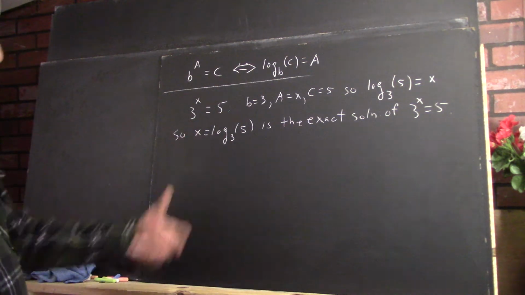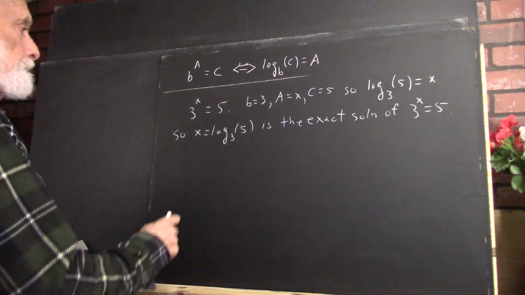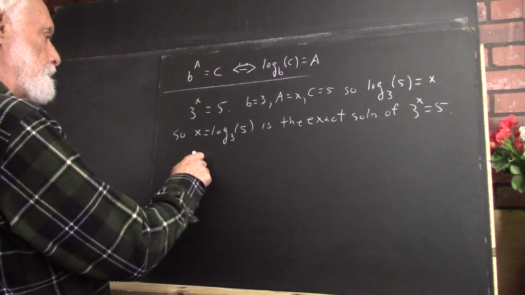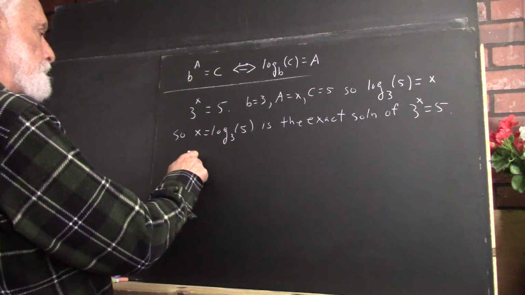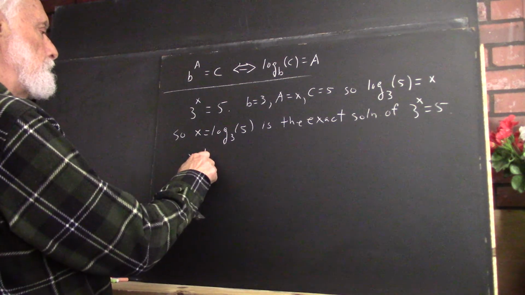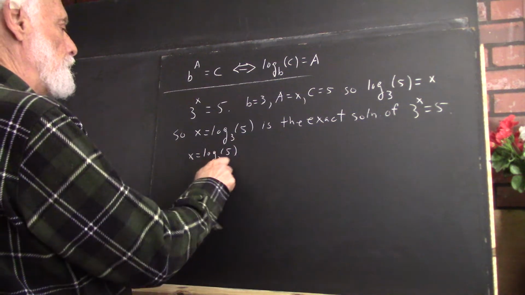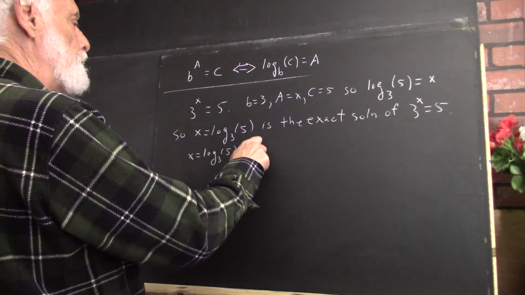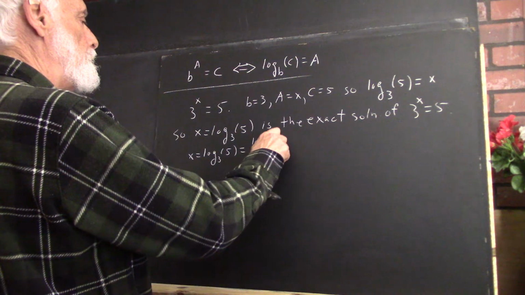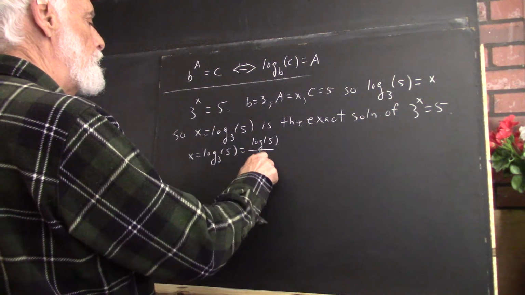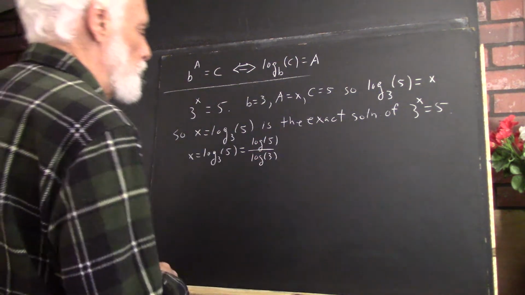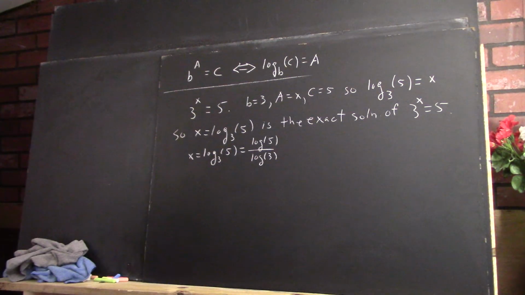Now, on your calculator, x equals log base 3 of 5 equals log of 5 divided by log of 3.